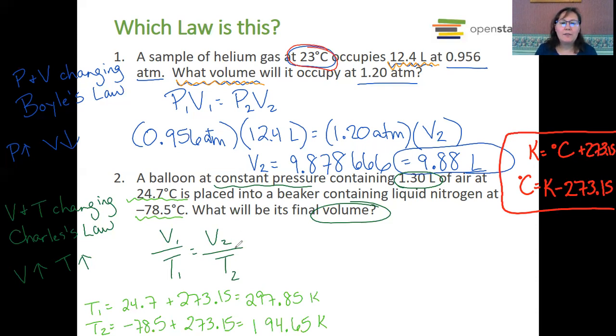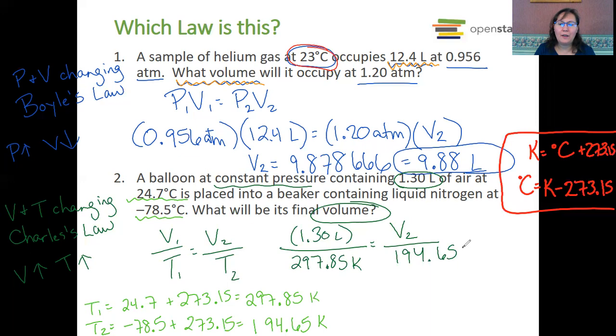All right, so my V1 is 1.3 liters and my T1 is 297.85 kelvins. My V2 is what I'm solving for, and my T2 is 194.65 kelvins.